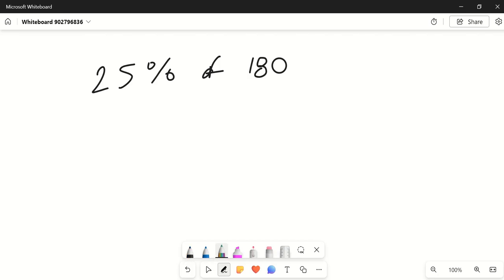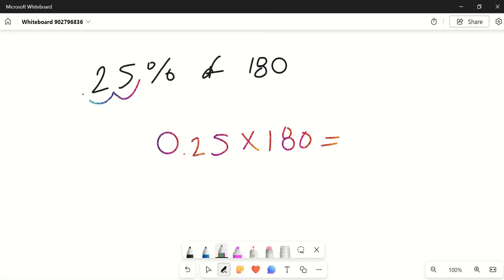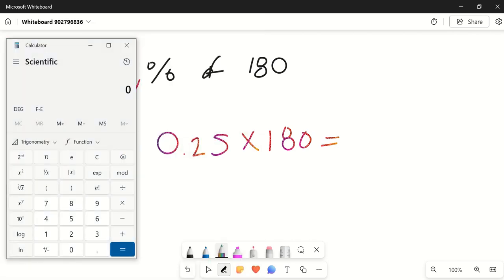So as a decimal, remember, it'll jump twice to the left. This will become 0.25 multiplied by 180. I'm going to plug that into my calculator. 0.25 multiplied by 180. And that'll give me 45.